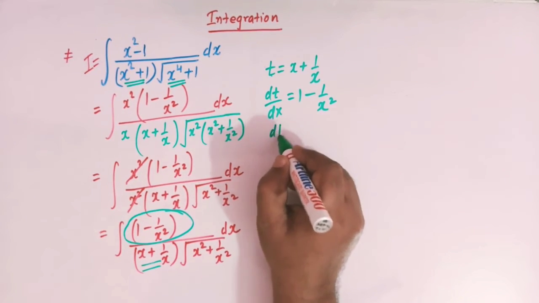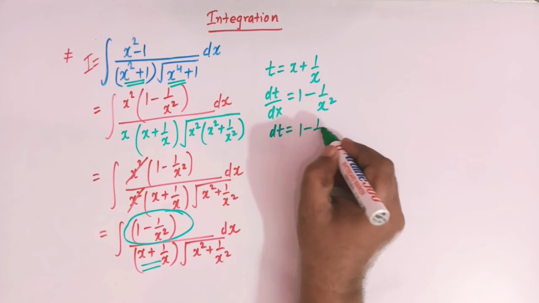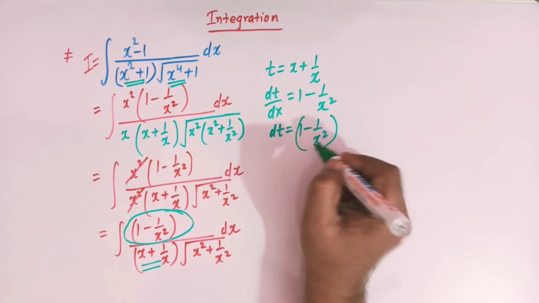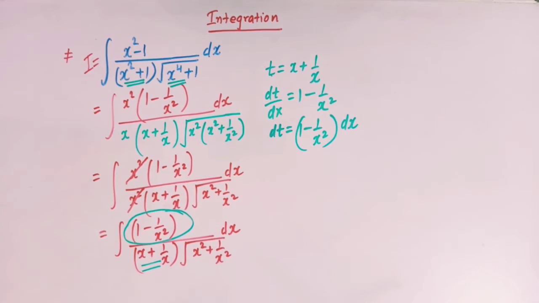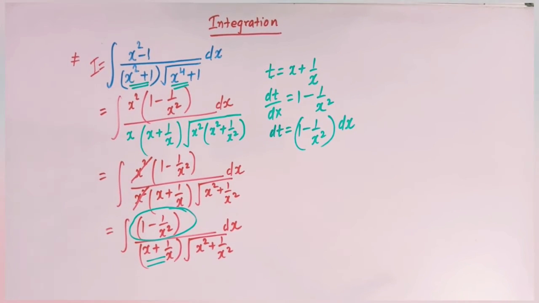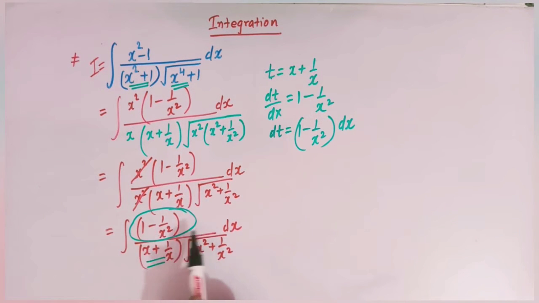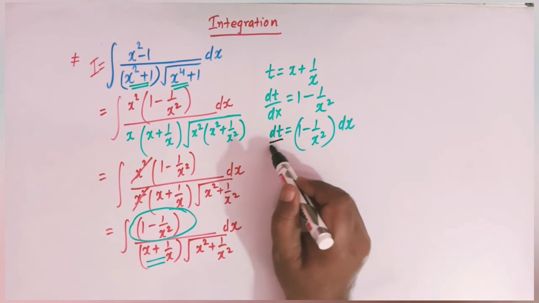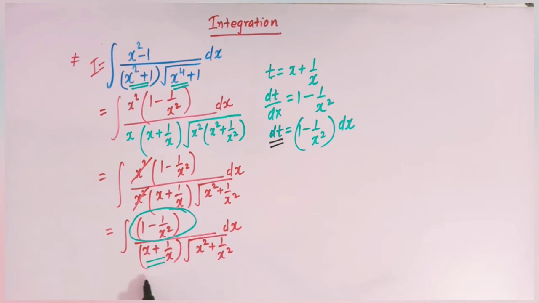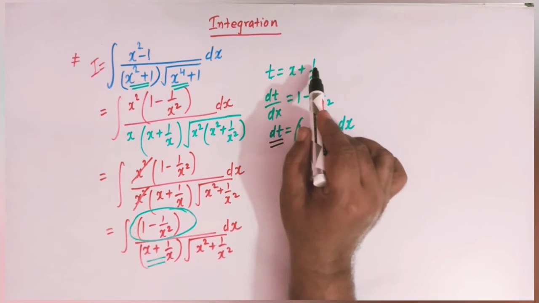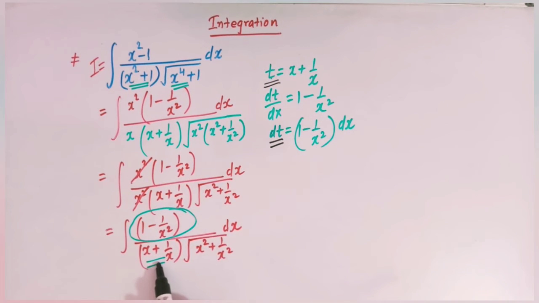So now we have dt equal to 1 minus 1 over x square times dx, right? Okay, so now we substitute 1 minus 1 over x square dx as dt in the numerator, and x plus 1 over x as t in the denominator.